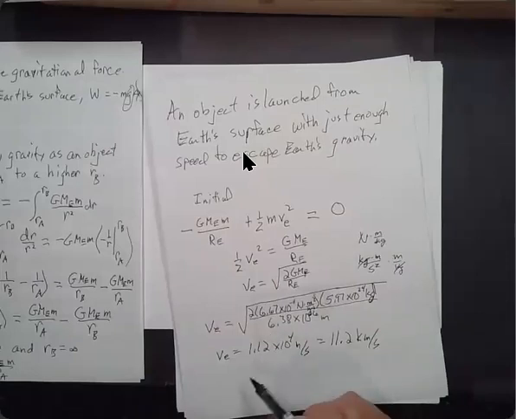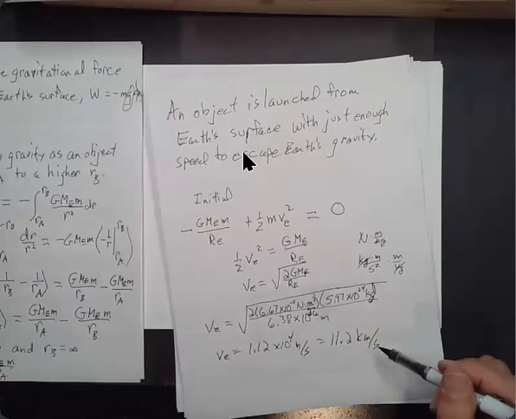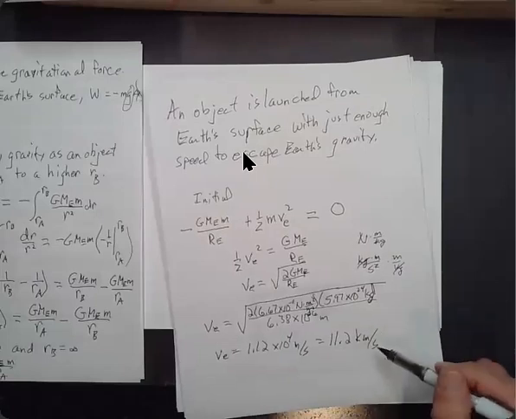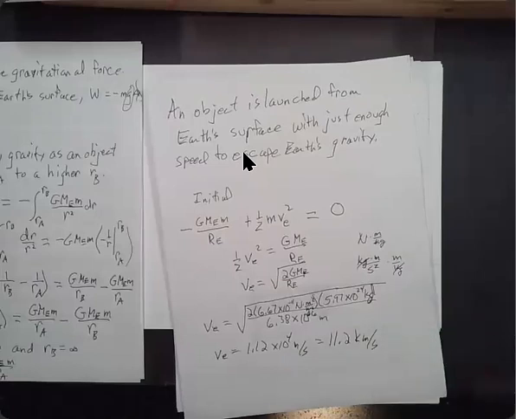Now, with that speed, ignoring air resistance, because you have to overcome a lot to get out of the atmosphere, but anyway, it'll just reach way out there and barely be moving. If that's all the faster it's going, well, you might have to be patient, but just give it more speed than that, and it'll easily escape Earth's gravity in effect and still be going at a pretty good clip.